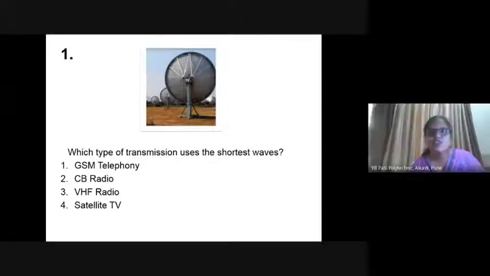Okay, so first question: which type of transmission uses the shortest waves? You note down the answer on paper, and afterwards put it in the chat box. Have you written?